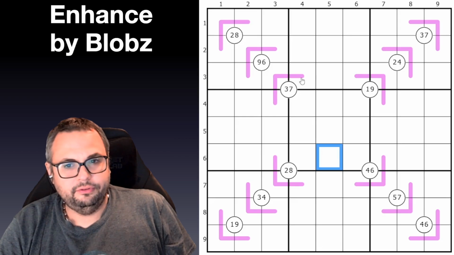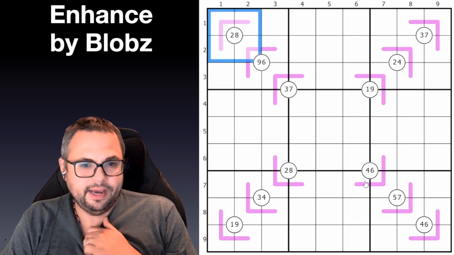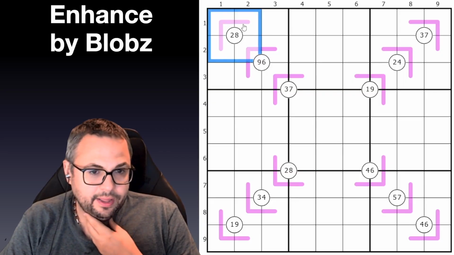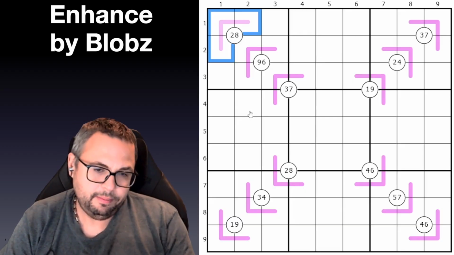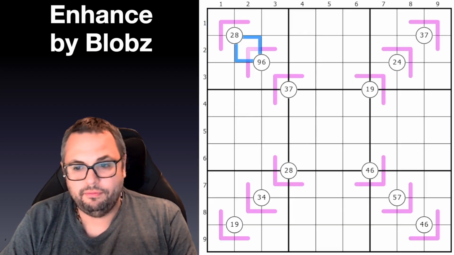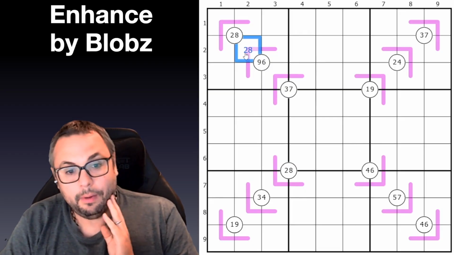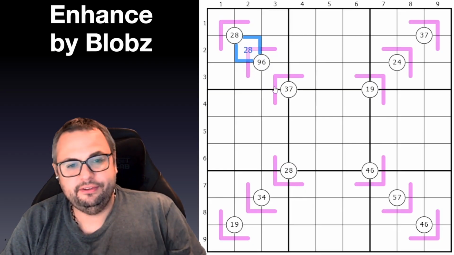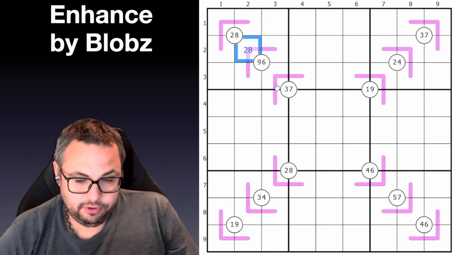So let's start up here, where what I see is that I can't put both 2 and 8 on this Renban. So therefore, one of them has to go here. However, if I were to make this digit a 2, I see bad things in my future.